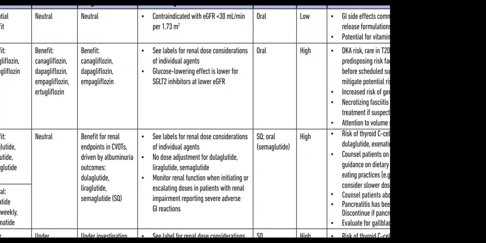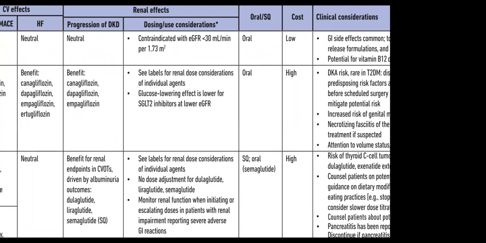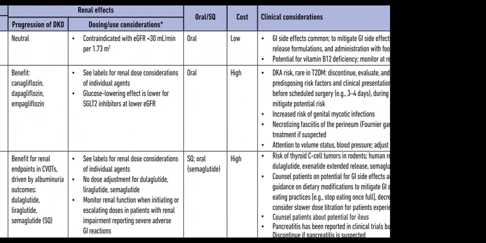But we need to monitor renal function, especially when you're trying to initiate, because some adverse effects have been reported. The majority of these drugs are subcutaneous, but semaglutide has both oral and sub-Q formulations.